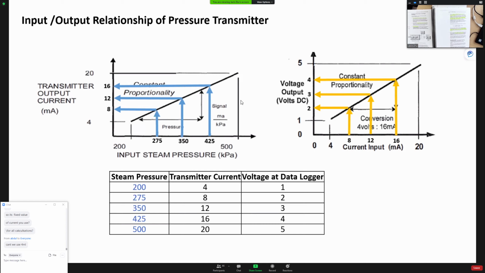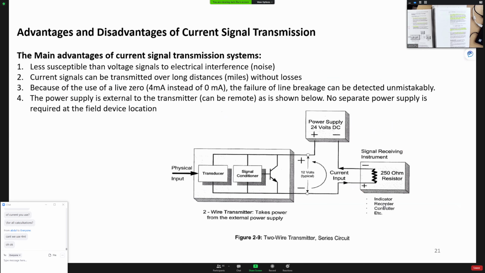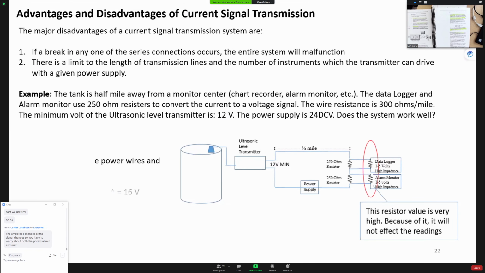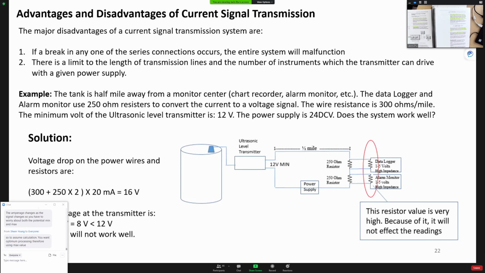What if when the liquid level is at the maximum, you also want to tell those two devices, my liquid level is at the top, so I want to give out a 20 milliamp signal? But for this situation, will you be able to give out 20 milliamp? No, right? So for this type of thing, you have to use the maximum current to do the calculation to make sure the system will work.